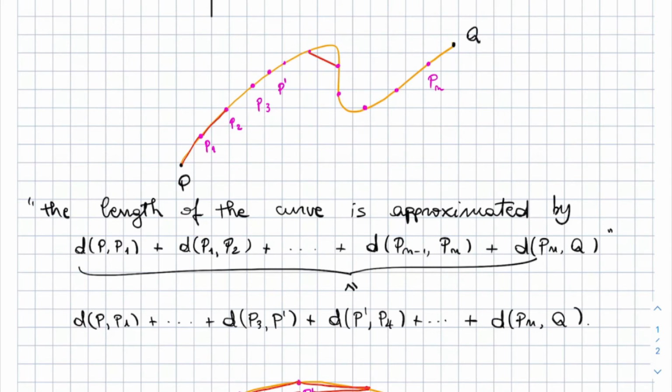But then, if this is true, as we have a number, which is given by this sum, that grows and grows and grows, but it's limited by a fixed number, then this means that the sum will approximate and at some point will stabilize. We will see some examples of this thing, and the number to which this sum stabilizes will be exactly the length of the curve we are interested in.